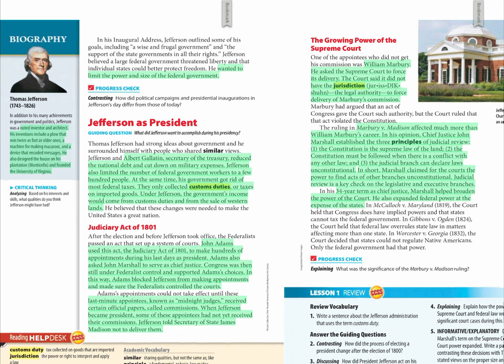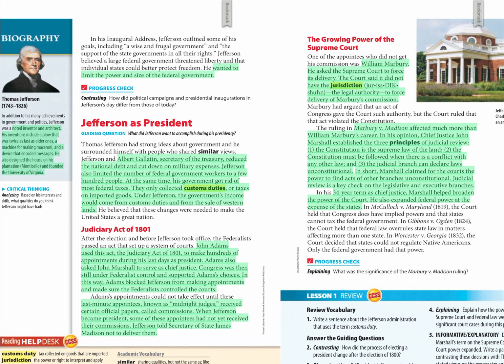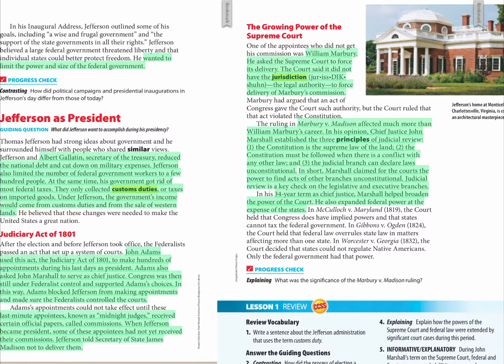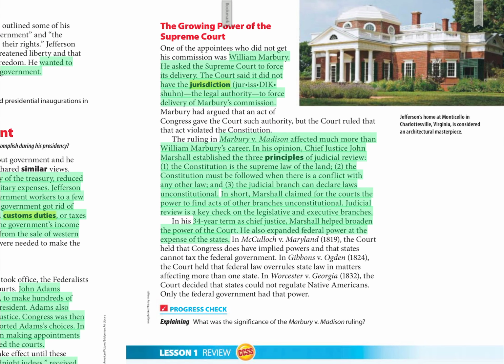So there was a big Supreme Court case called Marbury versus Madison. The first name is always the person that is suing, and the second one is the person who is being sued, the defendant.